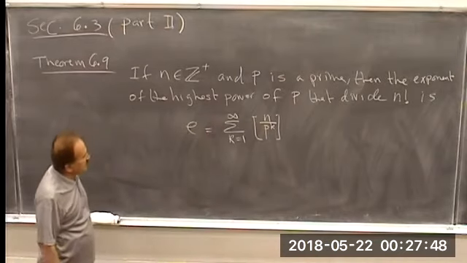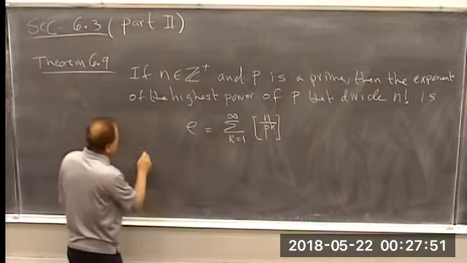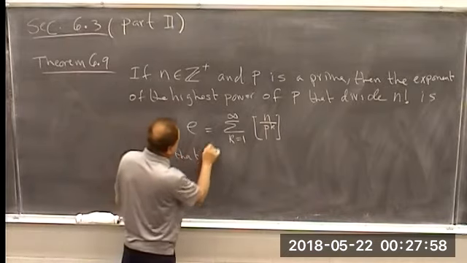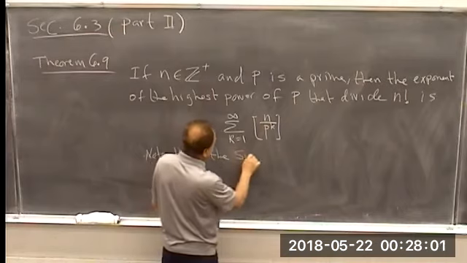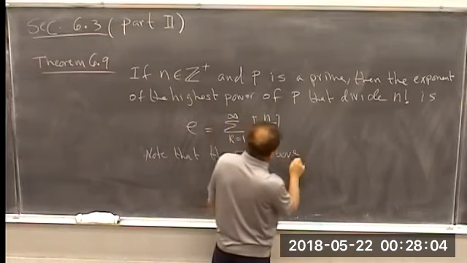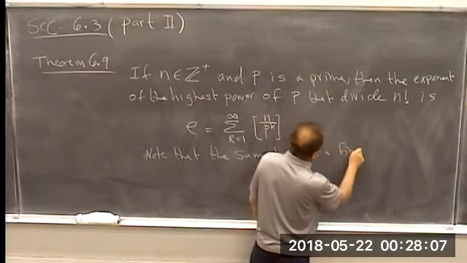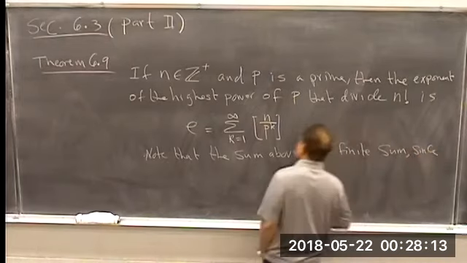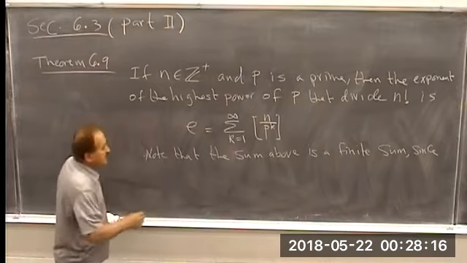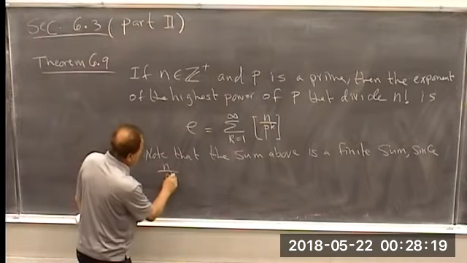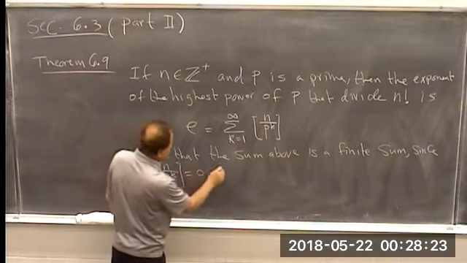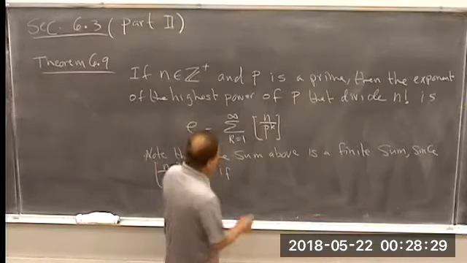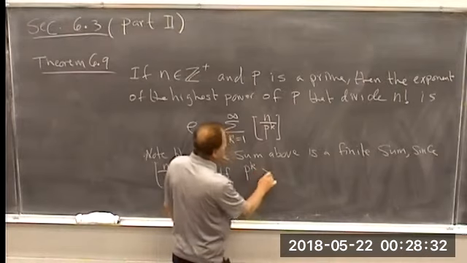This looks like it's an infinite sum, okay? In fact, note that the sum above is a finite sum, since n over p to the k is equal to 0 if p to the k becomes bigger than n.